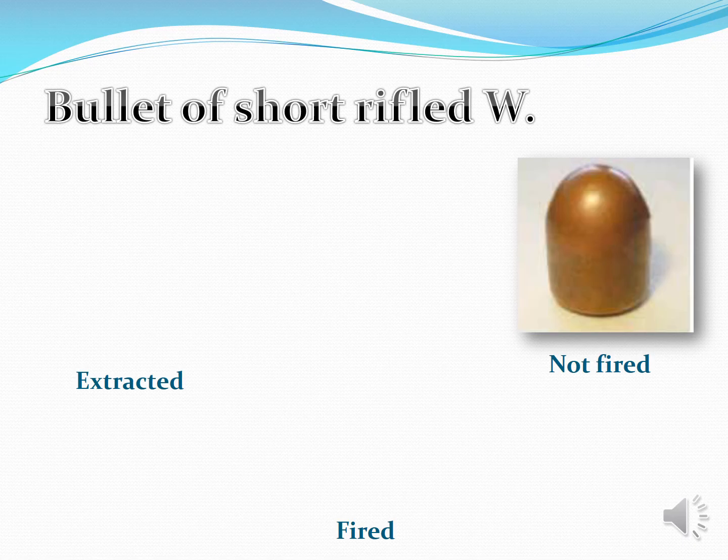Describe it. It is short with blunt end and jacketed. Which type of weapon? It is either automatic pistol or new revolver, because it is jacketed, but not old revolver.